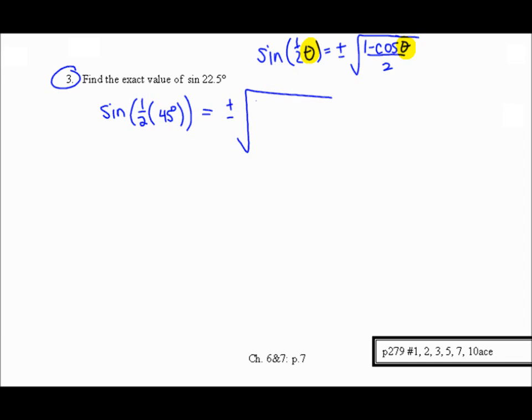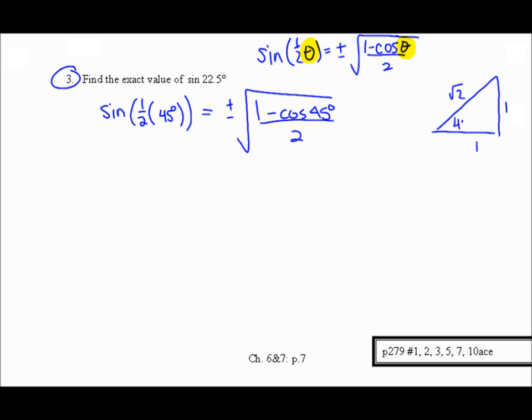Okay, plus or minus the square root of 1 minus cos 45 all over 2. The reason we want to do this is now we can figure out the exact value. It's pretty ugly though, because often you'll have a square root inside a square root for this exact value. But that's okay. Cos of 45, what ratio is that? Does anyone have that memorized? Root 2 over 2 or 1 over root 2, right?